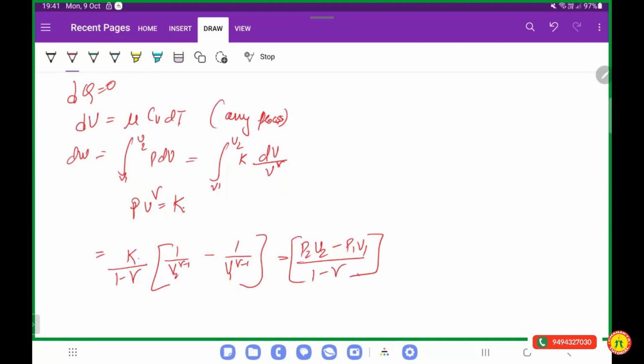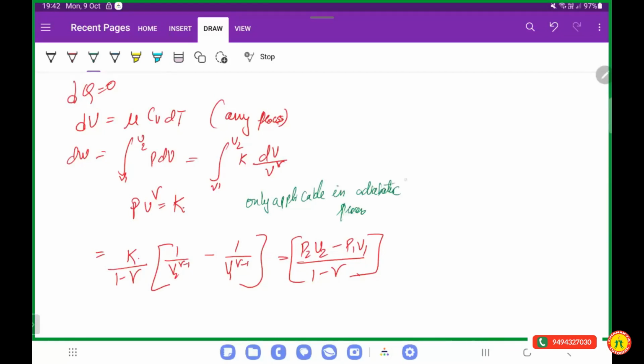And just remember one thing here, I'll write in a cloud that this is only applicable in this process, that is adiabatic process.